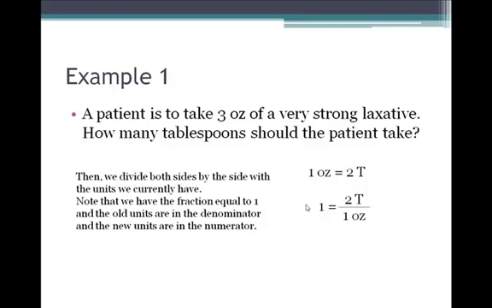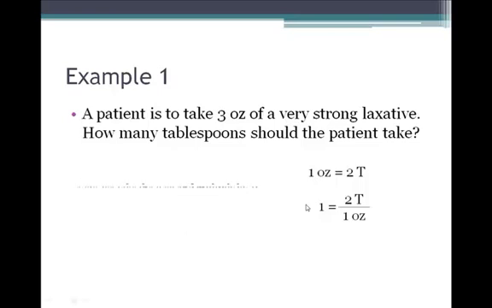And so we know that when we multiply by 1, we don't change the value. So if we take 3 ounces and multiply this by 1, we get 3 ounces times 2 tablespoons divided by 1 ounce.